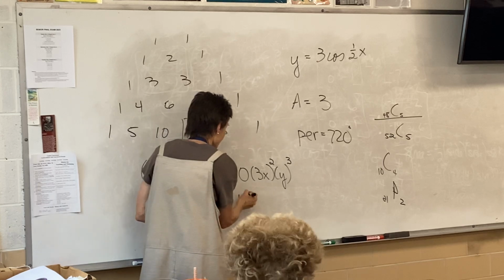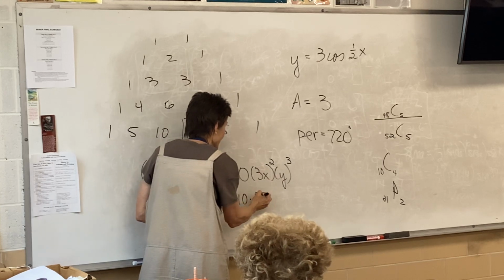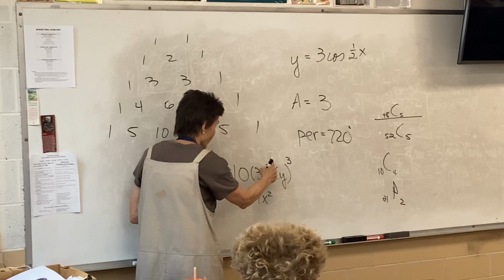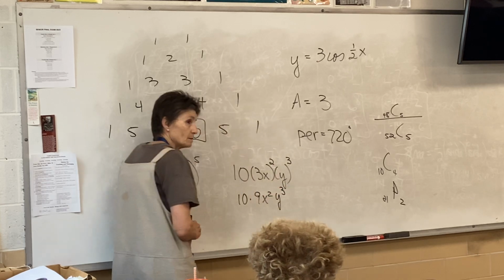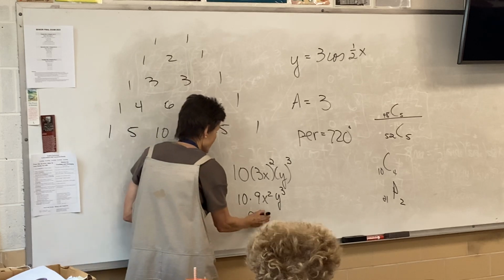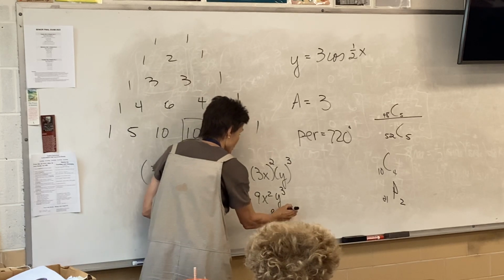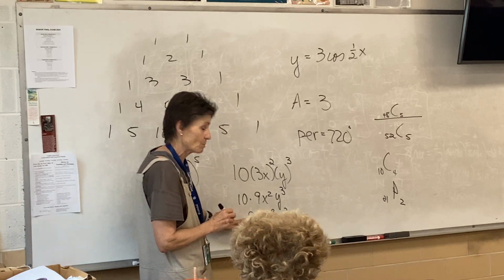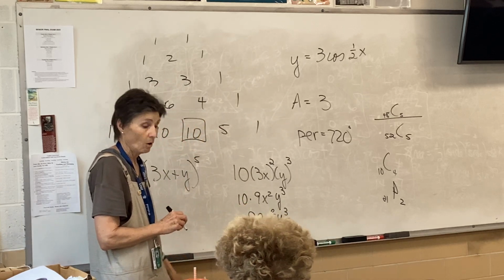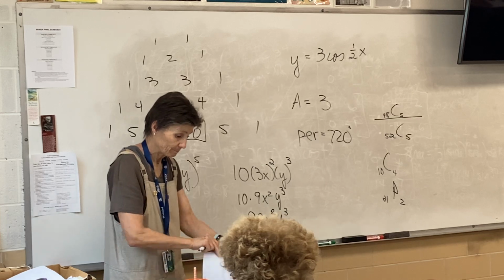Now, this is a 10. This is a 9x squared, because you're squaring that whole thing, and that's a y cubed. So my final answer is 90x squared y cubed. If you want full credit for the question, that's what you have in the answer blank, all multiplied together.